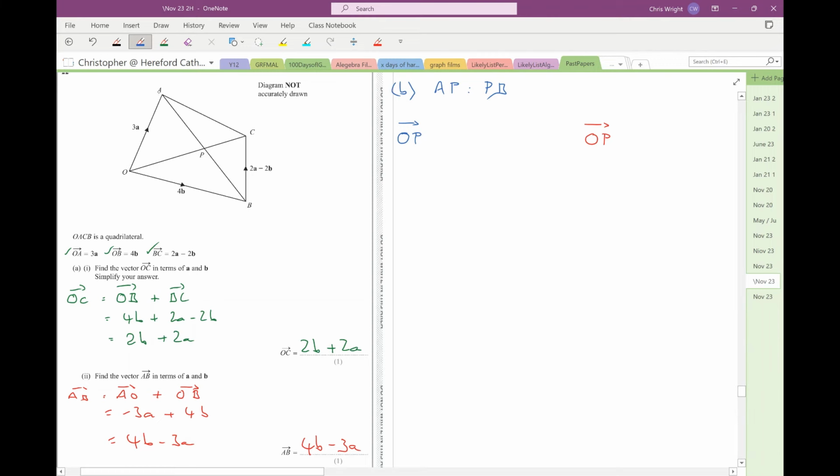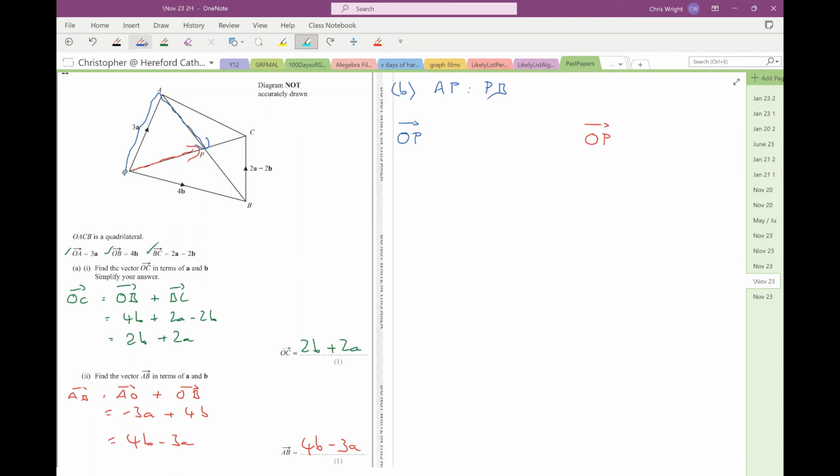So I'm going to go up here and down to there. And my red route is going to use the other route that goes through P. It's going to go here, just O straight to P. So one of my routes is using this line that goes through P, and the other one is using that line that goes through P.